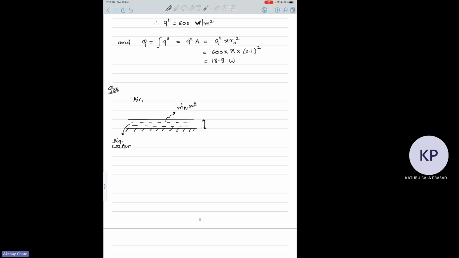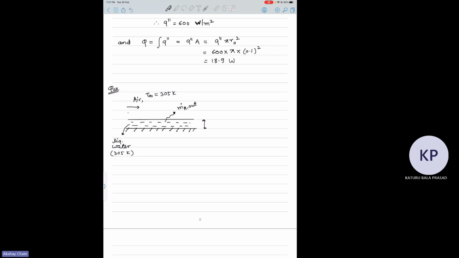There is air outside. One second. This water is at 305 Kelvin, and air is also at 305 Kelvin. So there is no temperature difference. There is only a concentration difference.